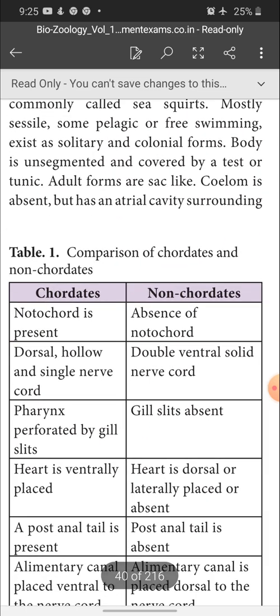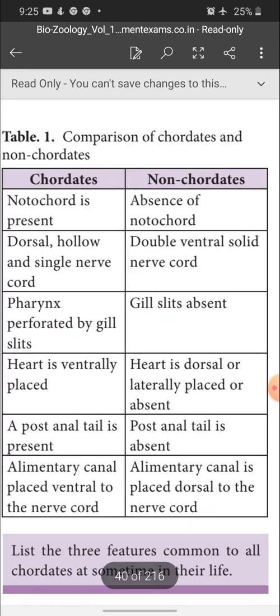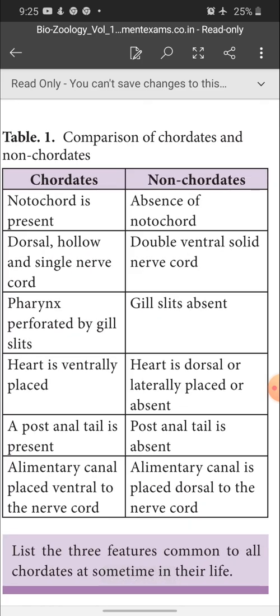Before that, please see the difference between chordates and non-chordates. In chordates, the notochord is present, but in non-chordates it is absent. A dorsal hollow single nerve cord is present, whereas in non-chordates a double ventral solid nerve cord is present. The pharynx is perforated by gill slits in chordates, but gill slits are absent in non-chordates.